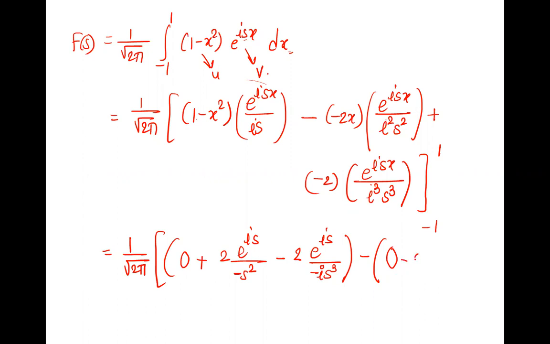So it becomes -2 e raised to minus is, because x is -1, upon i square, -1 into s square. Then it is -2 e raised to minus is upon i cube. I told you already, it is minus i into s cube. Yes, it is over.